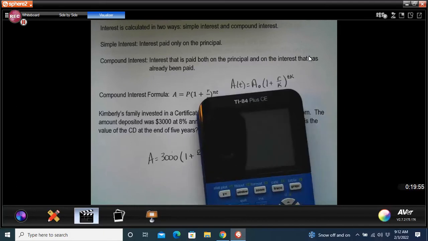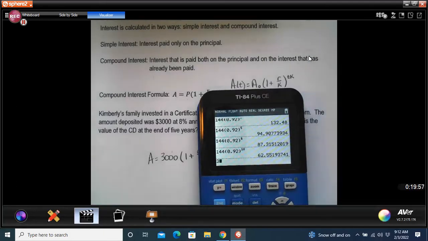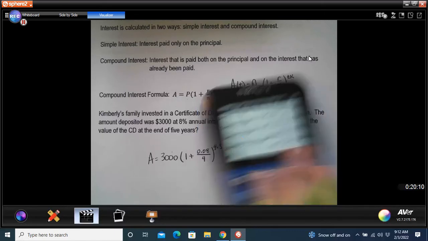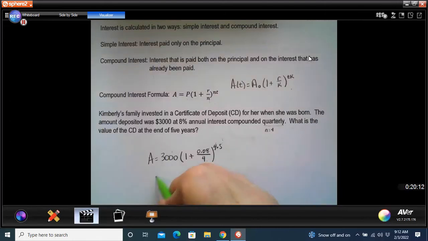Take 3,000 times 1 plus 0.08 divided by 4, raised to the 20th, and we get approximately $4,457.84. Because we're talking about money, I took it out to the hundredths place.